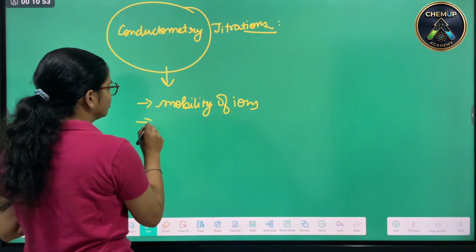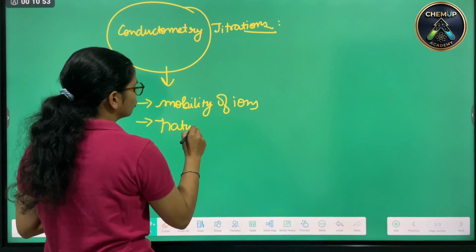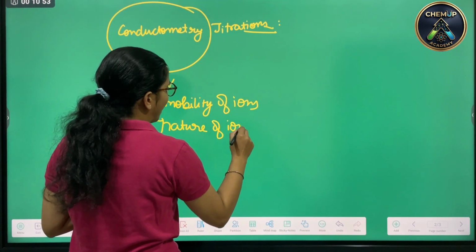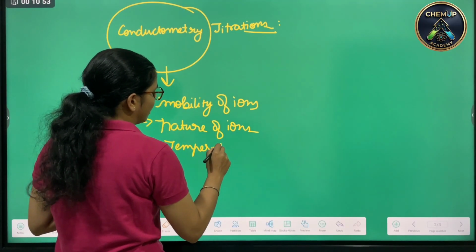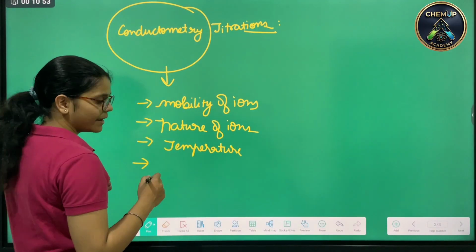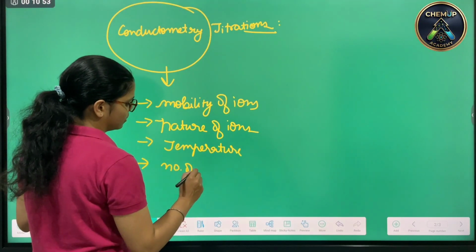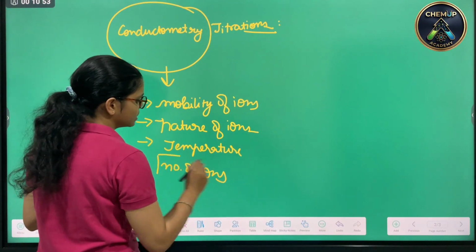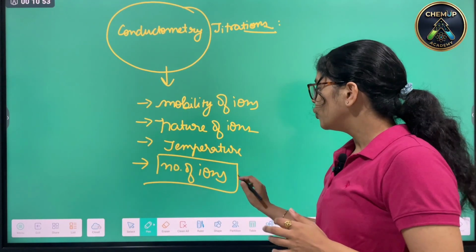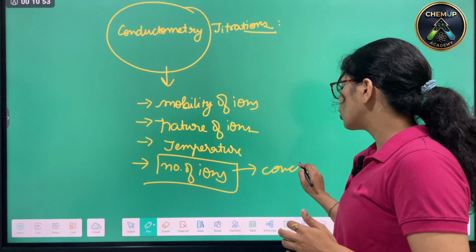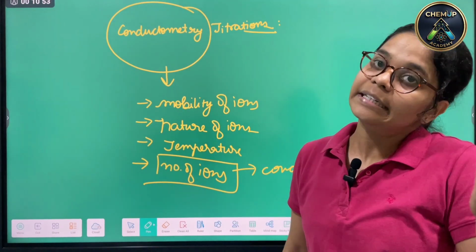It depends on the nature of ions, and it depends on the temperature, of course. Another thing it depends on is the number of ions. This number of ions holds great importance because we would get to know कि concentration तक कैसे पहुंचे, और concentration तक हमें कौन पहुंचाएगा, ये titrations.